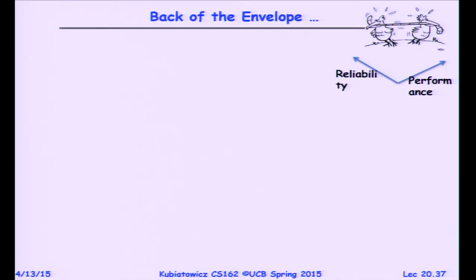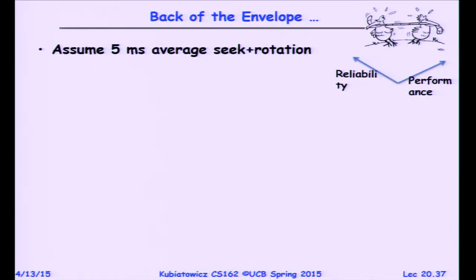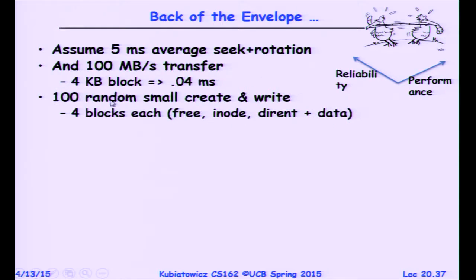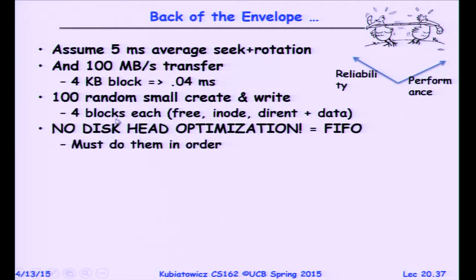Before we do that, I want to show you why logging might actually be a good idea. Assume we have a 5 millisecond average seek and rotation time on the disk and 100 megabyte per second transfer rate. That says a 4 kilobyte block takes about 0.04 milliseconds. Suppose we have 100 random small create and write operations, like you do when you compile the source tree of your kernel, at 4 blocks each.